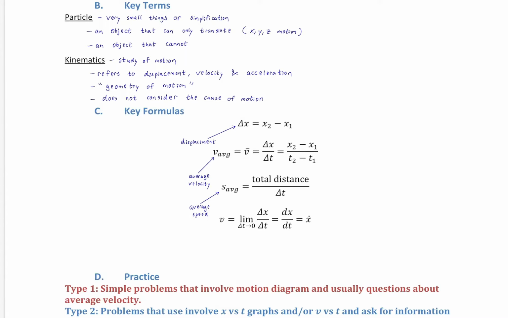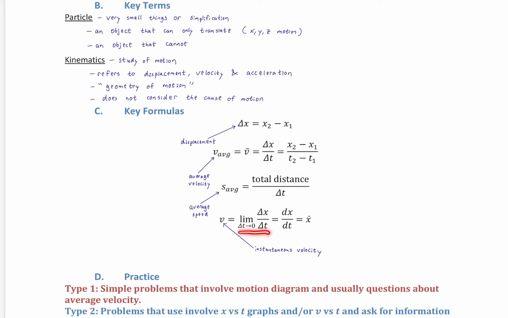Okay? The last formula is for instantaneous velocity as opposed to average velocity. The difference between instantaneous velocity and average velocity is that average is over some defined elapsed time, maybe a second, maybe a minute, maybe a fraction of a second, whereas instantaneous velocity occurs over an infinitesimally small time frame.